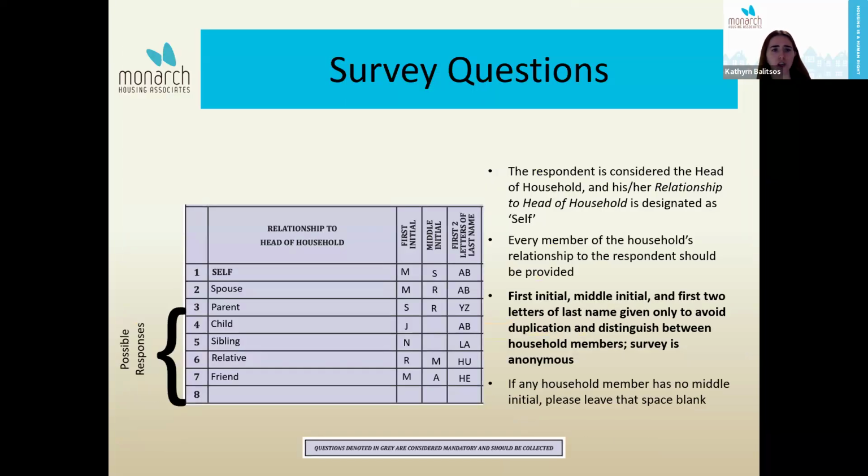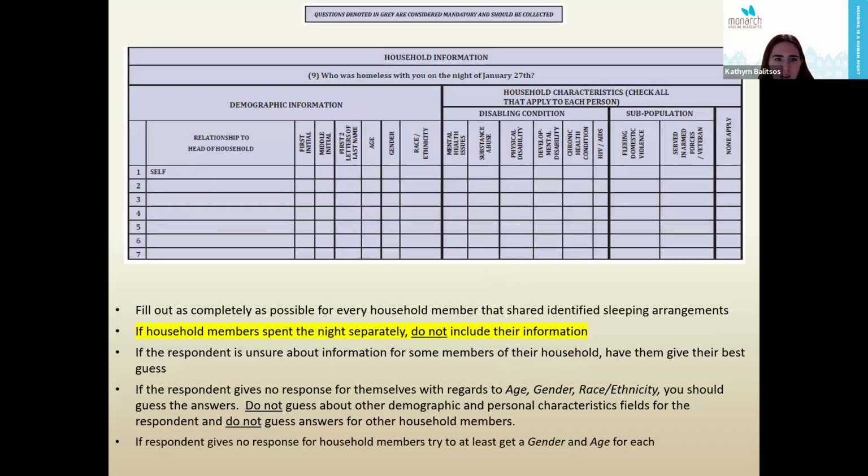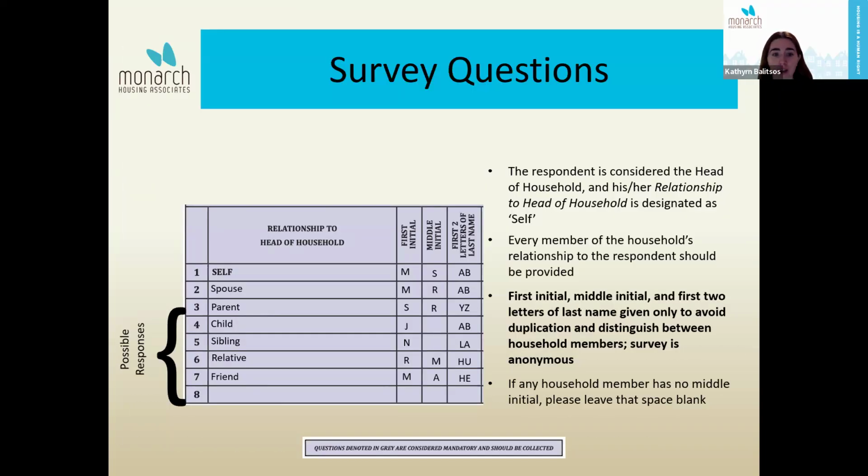So this is the possible responses you might get when asking about relation for household. The person you are speaking with would be considered the head of the household. Since they're answering for themselves, you want to ask every member of the household's relationship to the respondent.